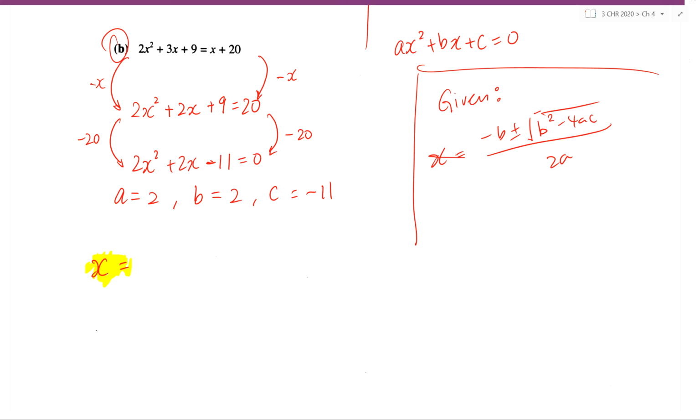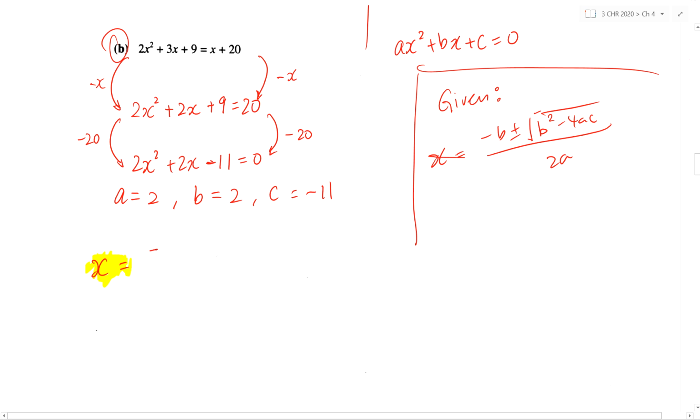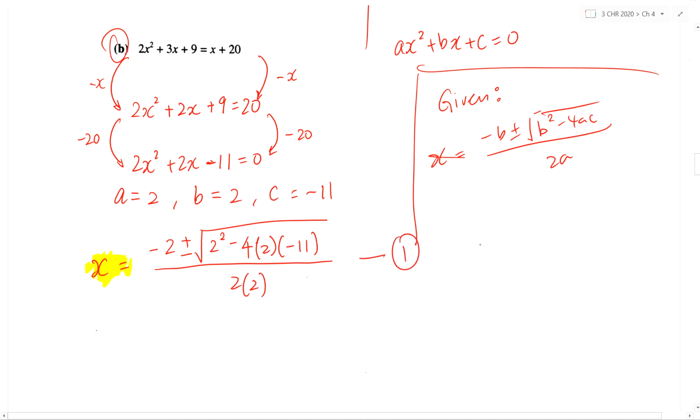So this gives us minus b plus minus square root of b squared minus 4 times 2 times negative 11, over 2a. This will give you 1 mark.